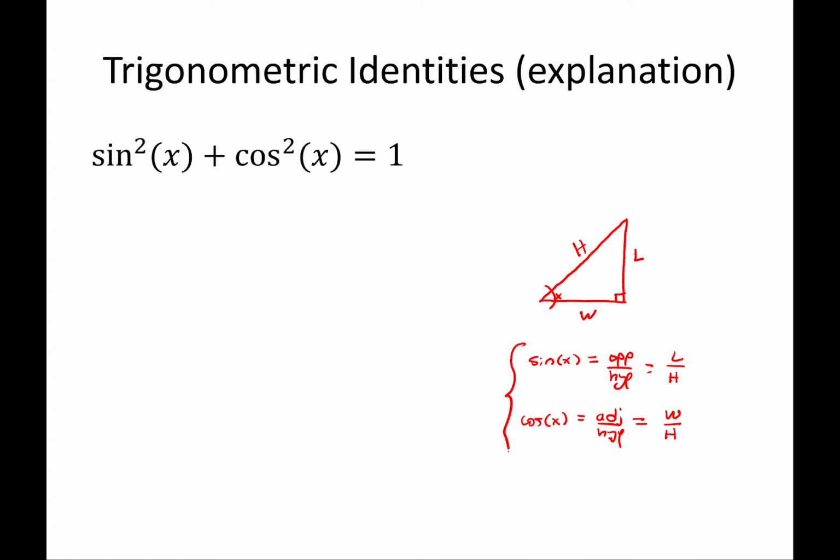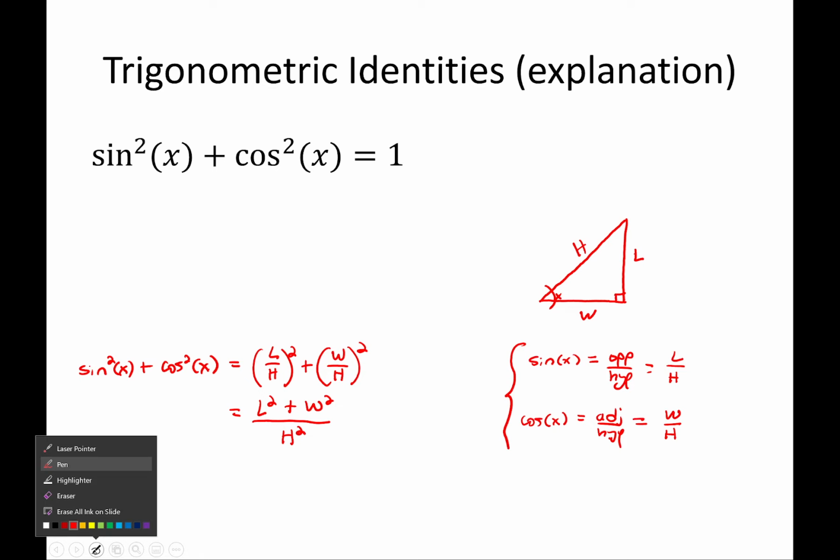What happens if we add them together after being squared? Sine squared of x plus cos squared of x. Well, that's going to be L over H all squared plus W over H all squared. So L squared plus W squared all over H squared. We can add the numerators together because they have a common denominator. But wait a second.